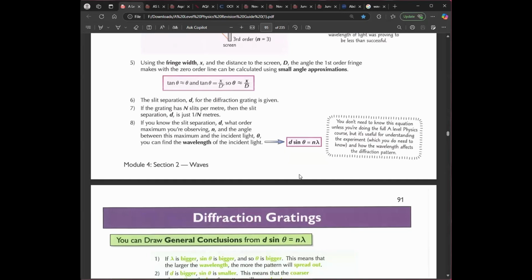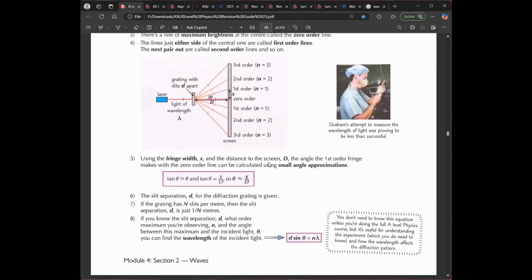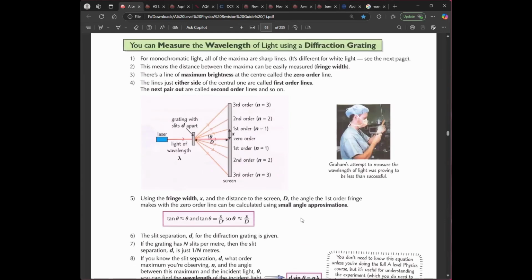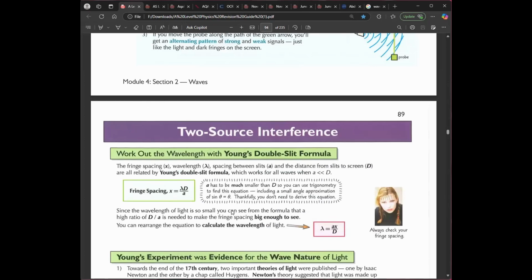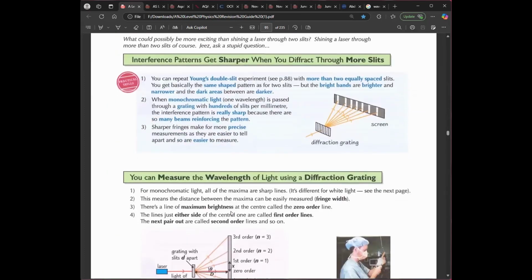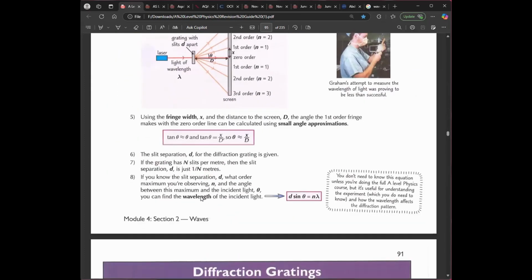So yeah, a lot of formulas I would say we have gone through, but most of them are related to diffraction. You should know that when it's a grating, you have to use this formula, and for the double slit, you have to use this formula. That is the only difference. Capital N actually represents how many slits are there.